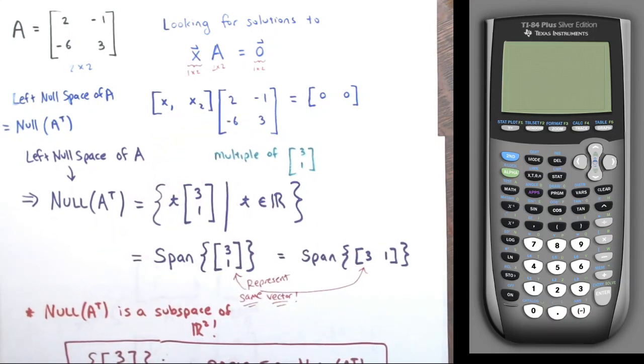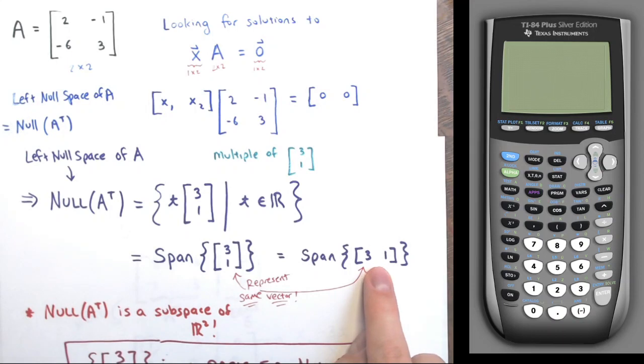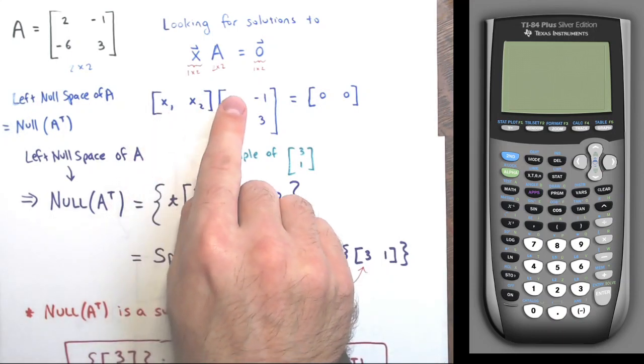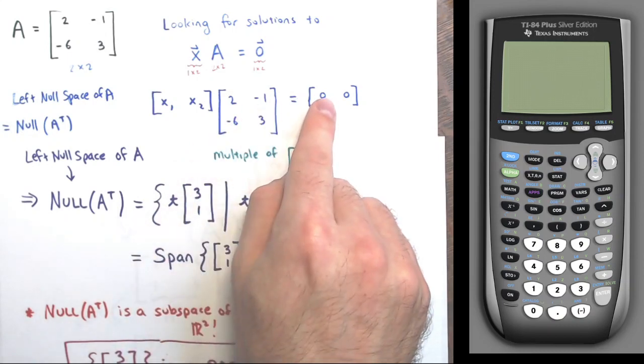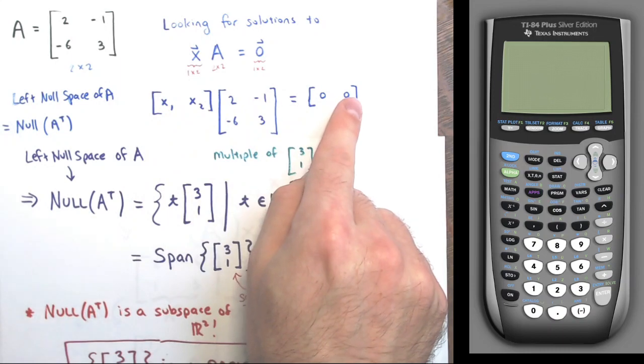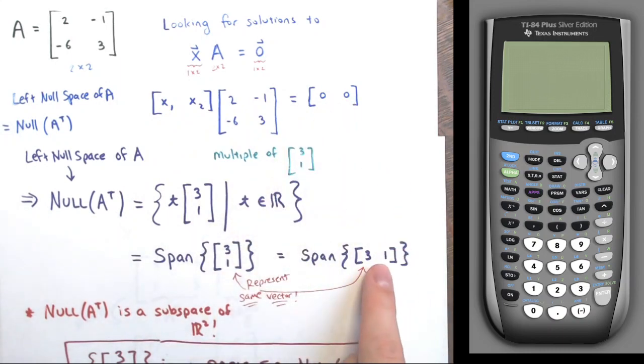Well, try 3, 1. If I put 3, 1 here, you'd have 6 minus 6, 0 for the first row, first column, and then negative 3 plus 3, 0 for the first row, second column. This would be a solution to this statement.